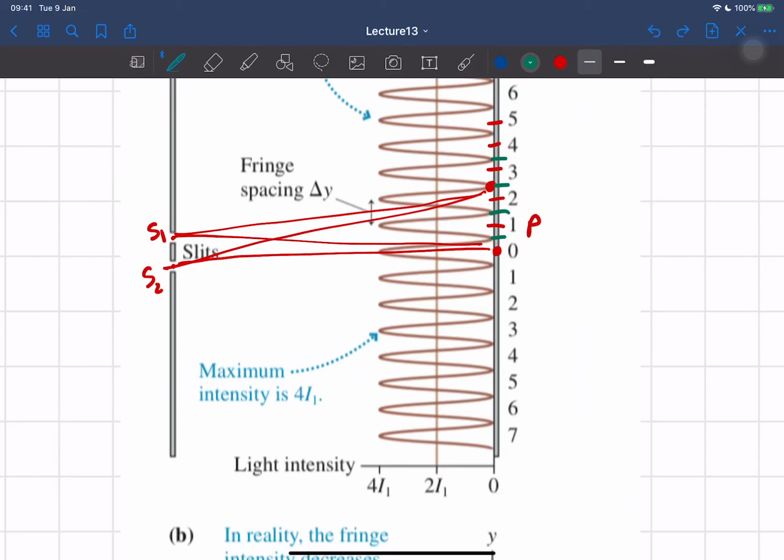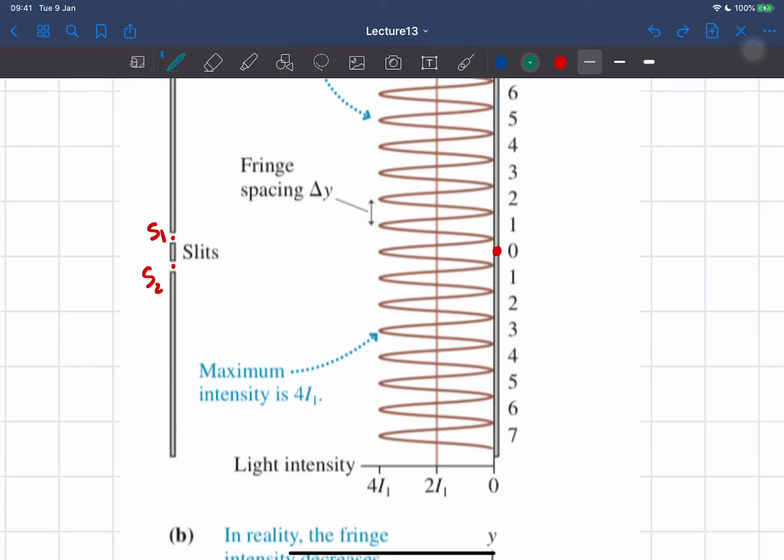The only thing which is different is the following. The distance between S1 and S2 has to be very, very small, otherwise you don't see the interference. It's just because the light wavelength is so small. It's kind of a technical reason, if you may, but that's usually the case.